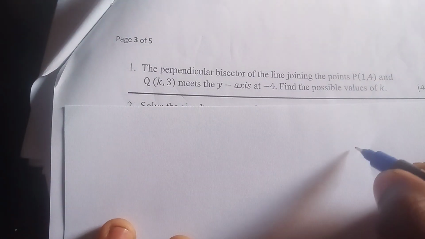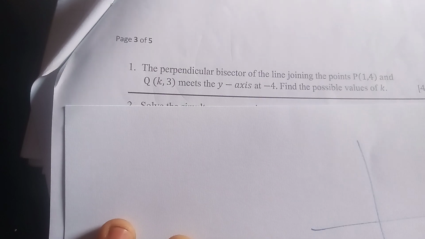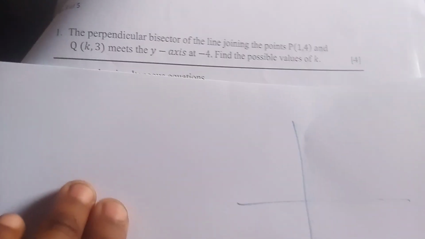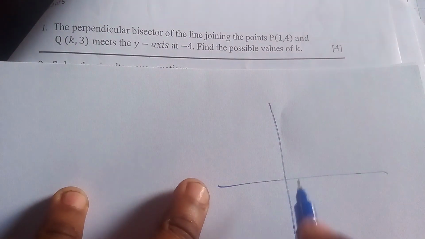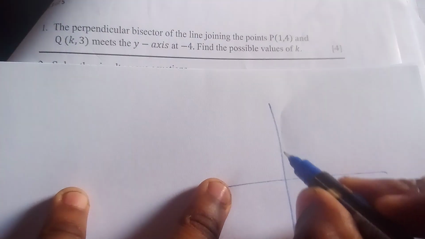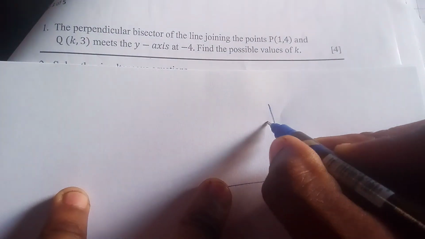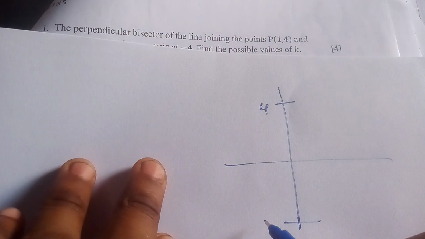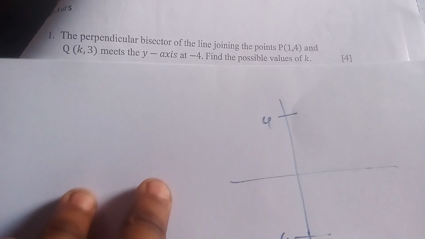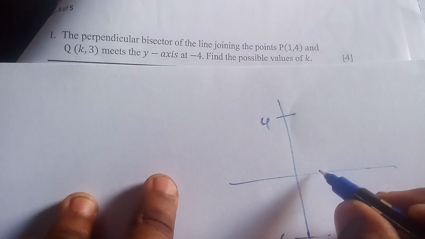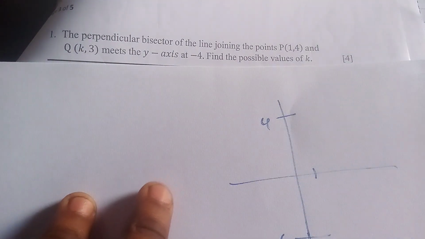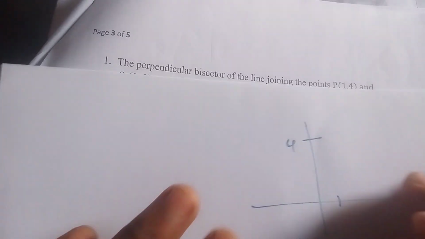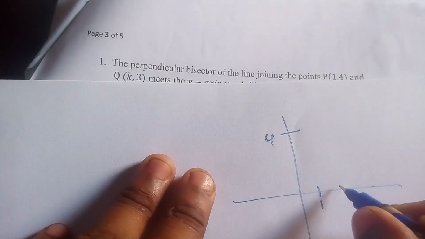Okay, so you can just assume we have an xy plane like this, and then let's put our 4 there, and our -4 will be somewhere here, and this one is our 1.